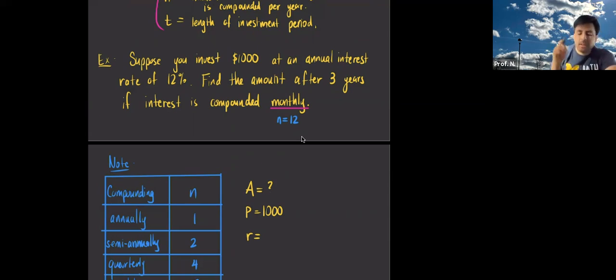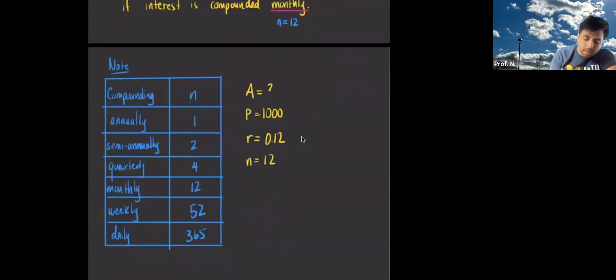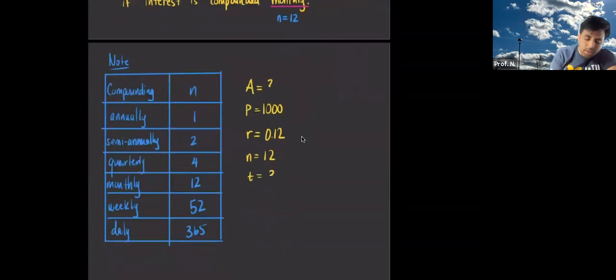To make the percentage into a decimal, you move the decimal point to the left 2 units. So you get 0.12. The n value is 12, and the t value is 3. So all I have to do now is plug everything into the formula. So I got A is equal to 1,000 times 1 plus 0.12 over 12 raised to the 12 times 3.